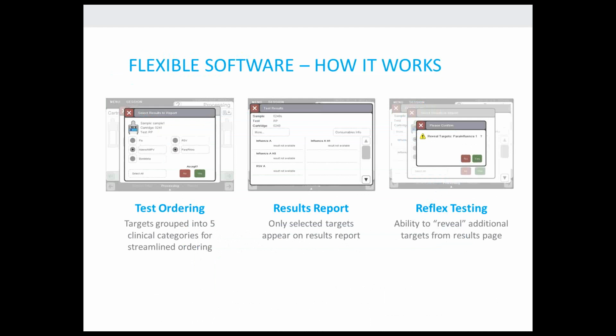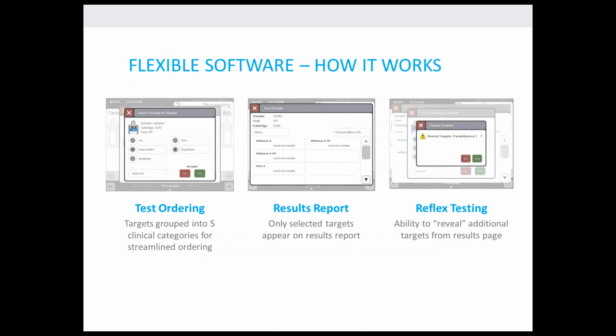I wanted to include a few shots of what the screens look like. These are on the actual reader. When you order your original test, you choose one of those 5 original categories, or whatever the physician is ordering. If they are ordering the full panel, you would just select all, and that would order all of them.